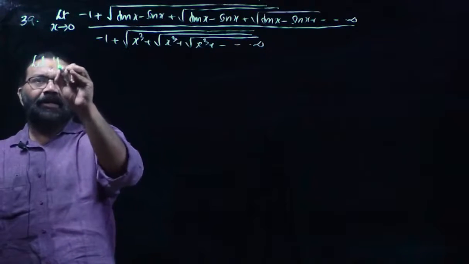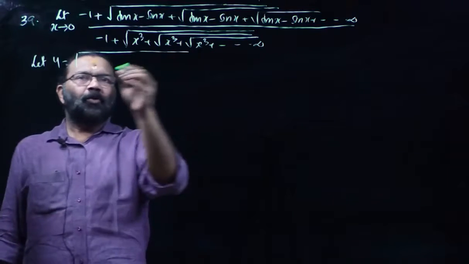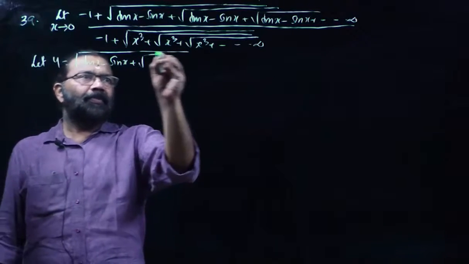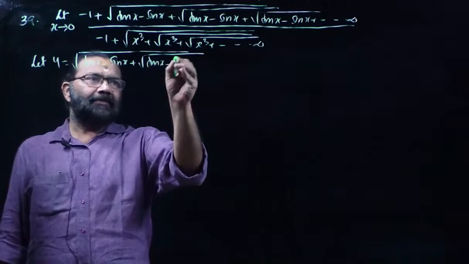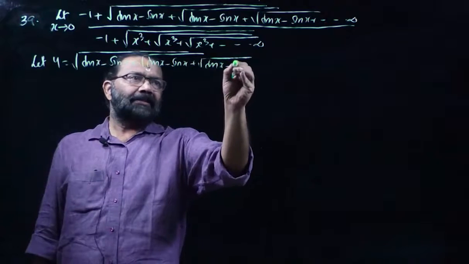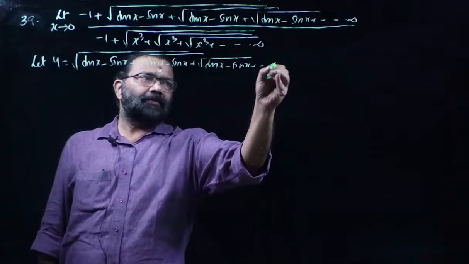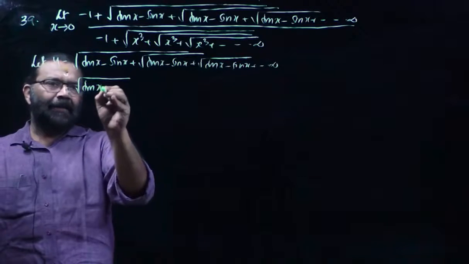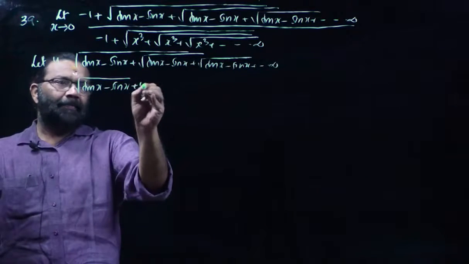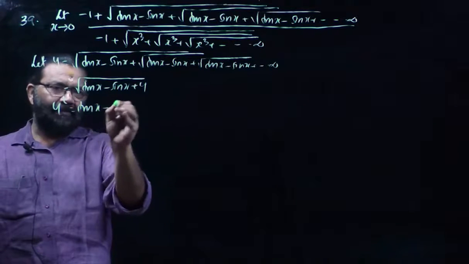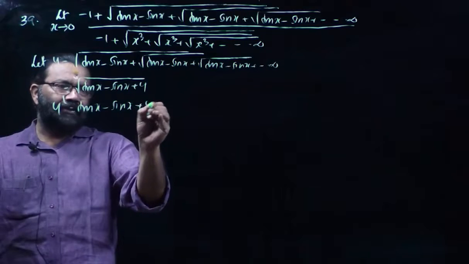Let y equal to root of tan x minus sin x plus root of tan x minus sin x plus root of tan x minus sin x plus etc. up to infinity. That is root of tan x minus sin x plus y. So y square equal to tan x minus sin x plus y.